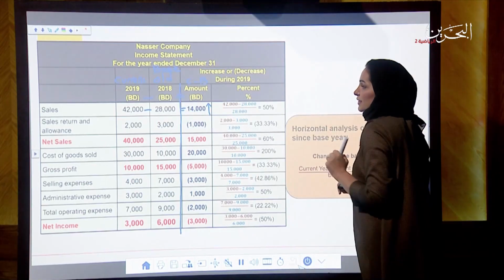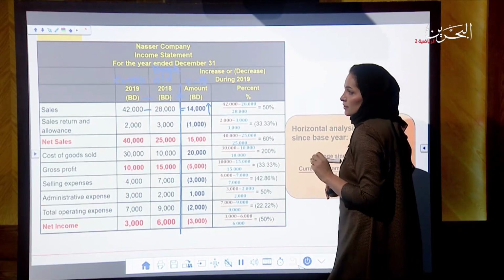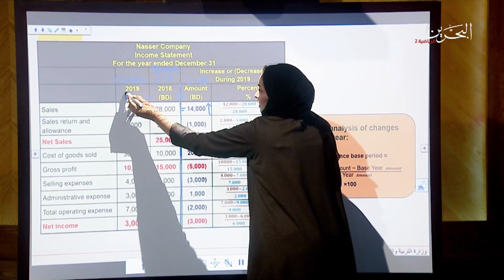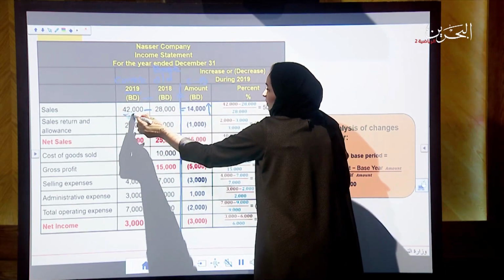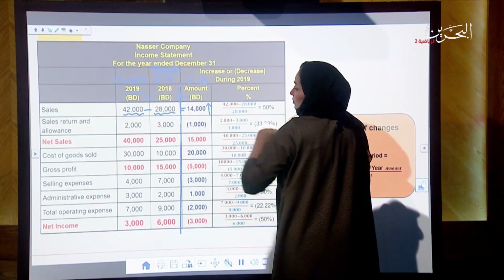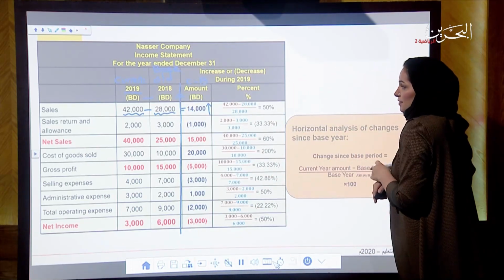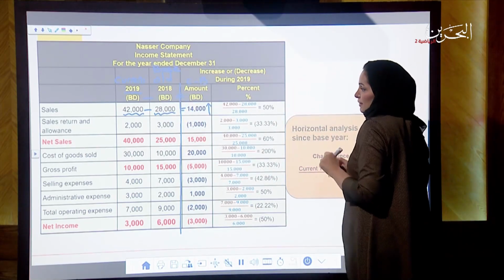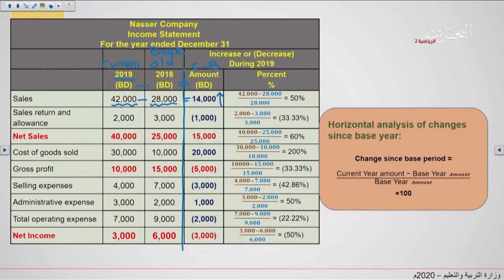The amount increased by 14,000, because 2019 is more than 2018, which is 28,000. Now let's apply the formula: current year amount minus base year amount, divided by base year amount, equals 50%. The same for the rest.